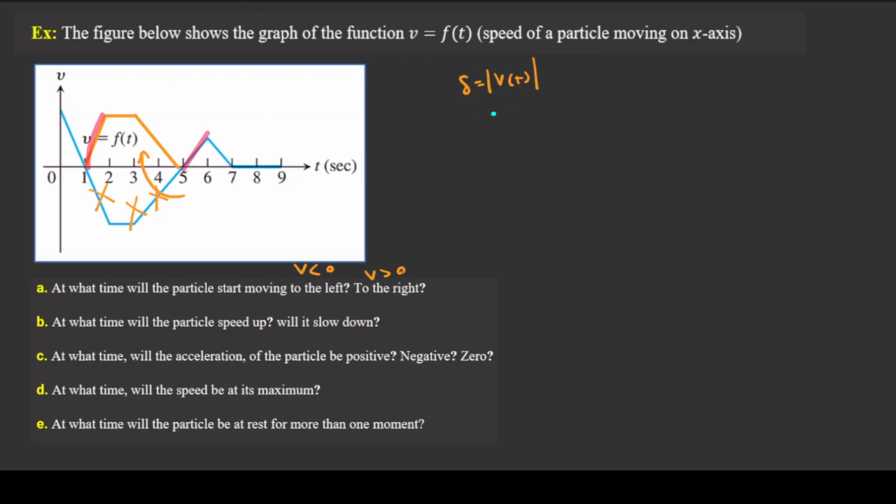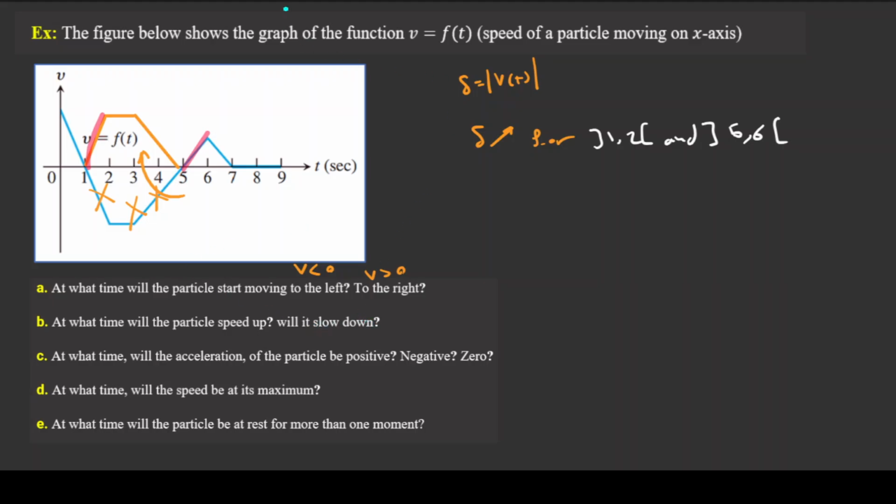So the times at which the particle speeds up are from 1 to 2 and 5 to 6. And will it slow down?